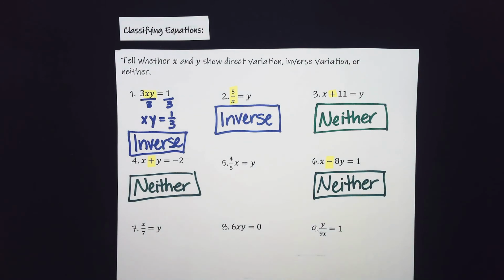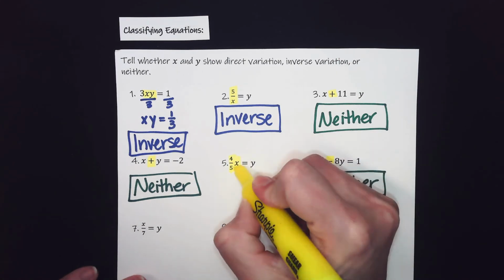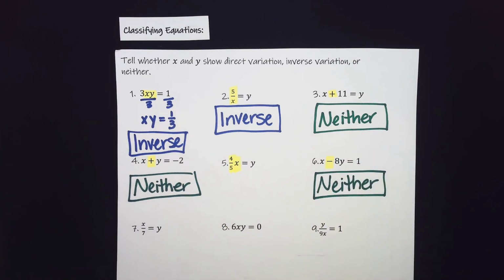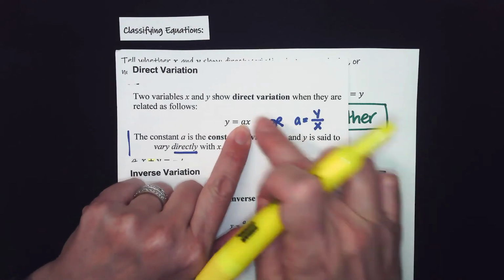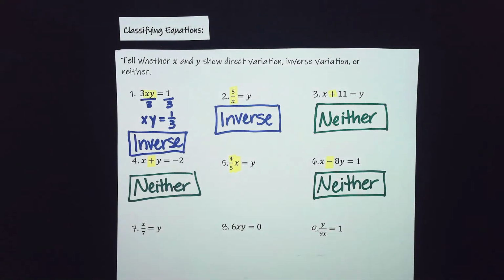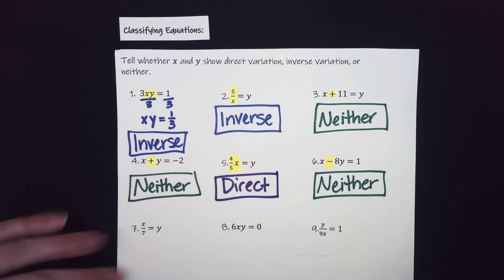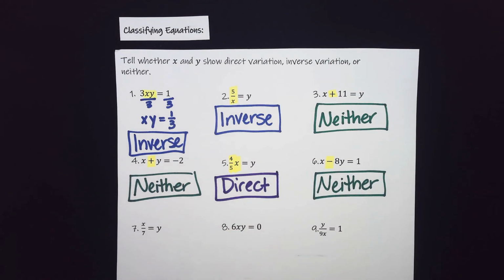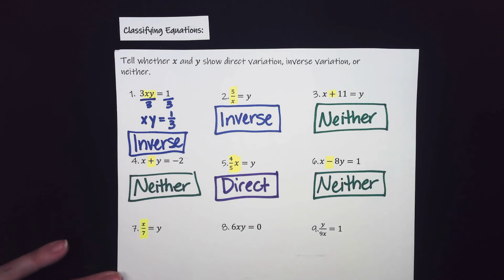Now, in number 5, we have our constant multiplying x. So let's go to our rules here. This one is direct variation, and it has a constant multiplying x. So I know that is direct variation. Now number 7 is y equals x over 7.